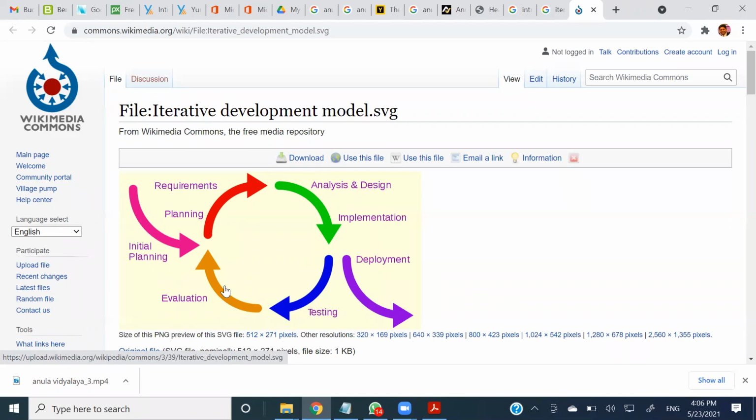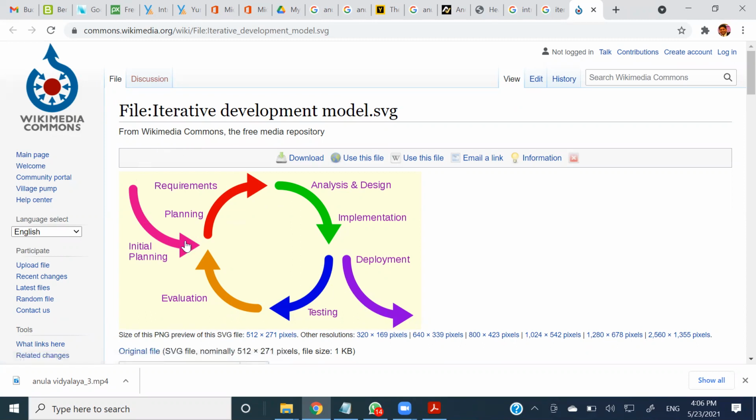So it's like, if the client brings some change in between, it can be planned, it can be analyzed, it can be implemented, then tested and evaluated. So with the customer continuously, only after all the requirements are satisfied are we going for the deployment, right?